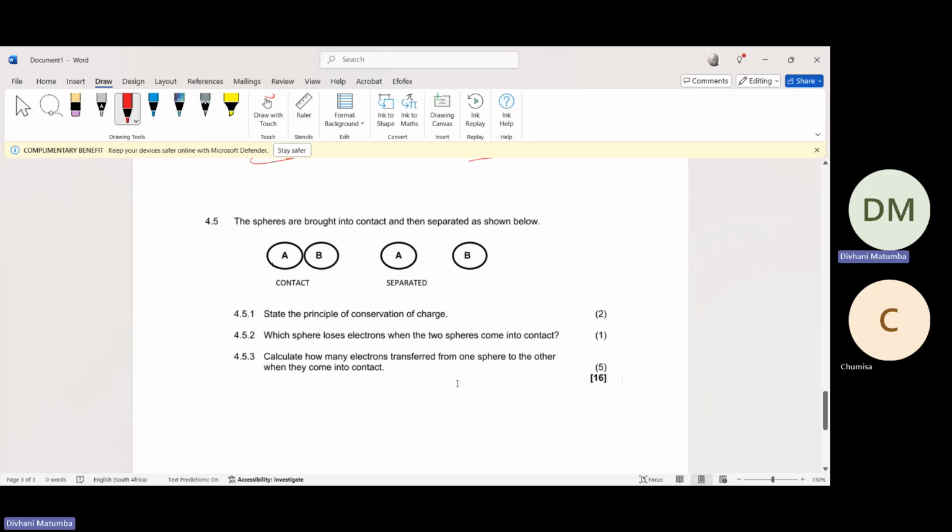State the principle of conservation of charge.